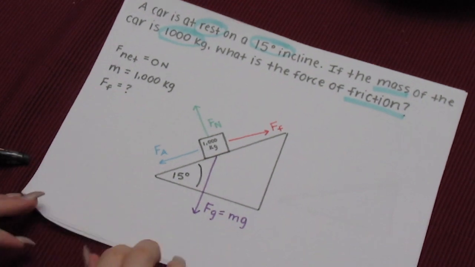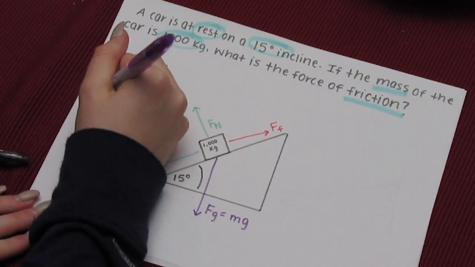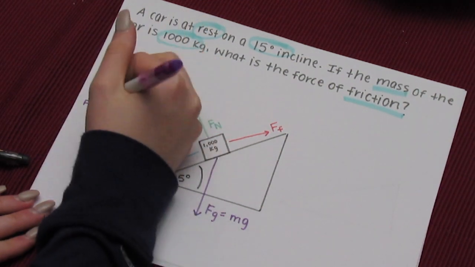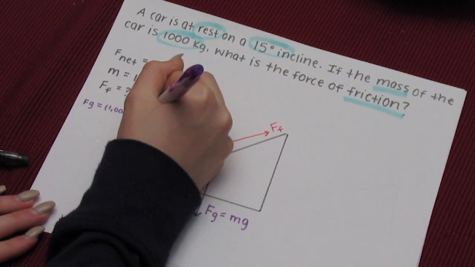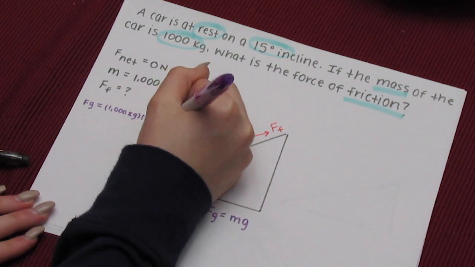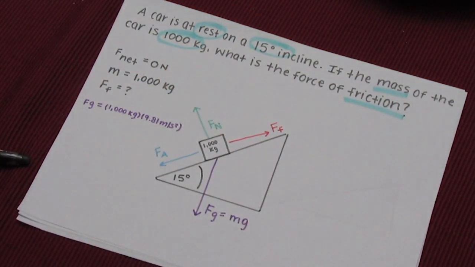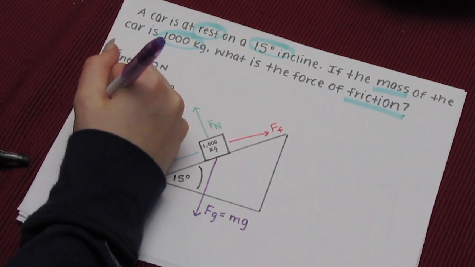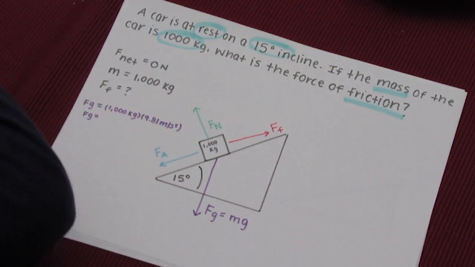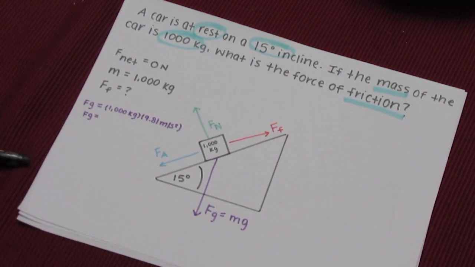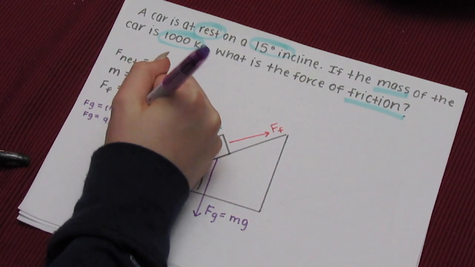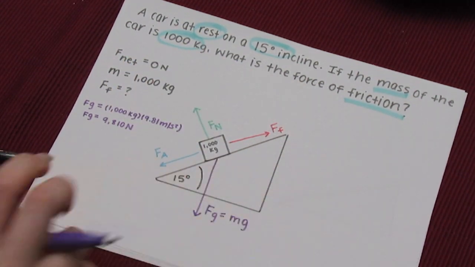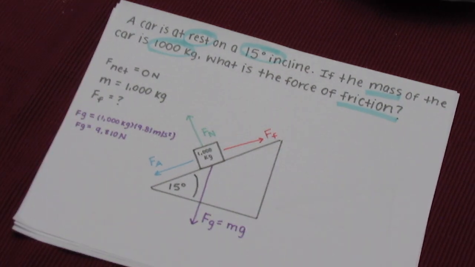So all you gotta do is force of gravity equals 1,000 kilograms times 9.81 meters per second squared, because 9.81 meters per second squared is the acceleration due to gravity, and your force of gravity equals, let's see, 1,000 times 9.81 equals 9,810 newtons.